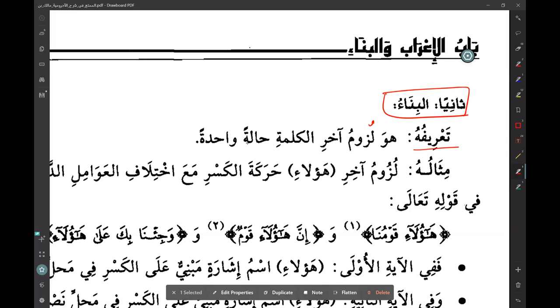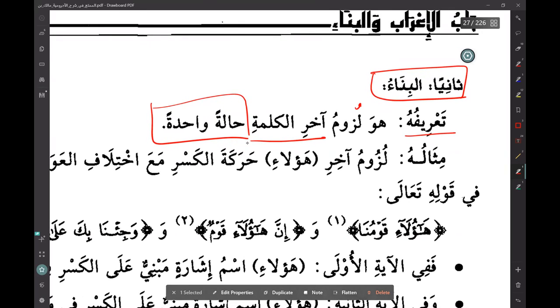You can think of fixed: something is fixed in the end of the word, in one state, halatin wahida. That means its state doesn't change. So for example, luzum akhir ha'ula'i. Who knows what the word ha'ula'i means? These, yes. Those is ula'ika.